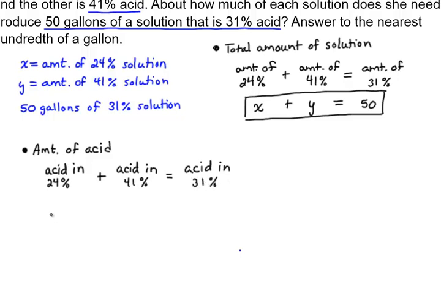So we're going to take our percentage, 0.24, times the total amount of the 24% solution, which is x, plus our percentage in the 41% times the amount of solution, which is y. The 31%, the percentage, times how much we had, and we had 50 gallons. And so now that's our second equation.